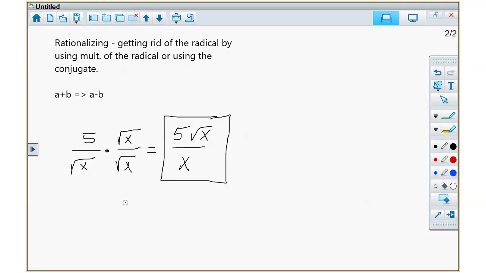Now, what if I gave you a cube root? Well, let's try it. How about x over the cube root of 4?